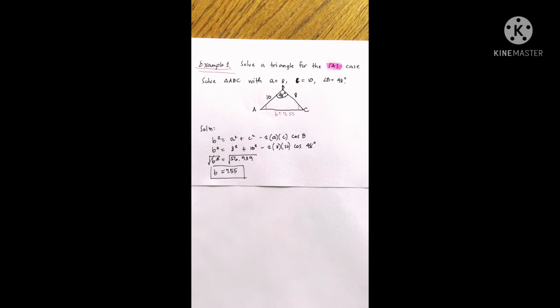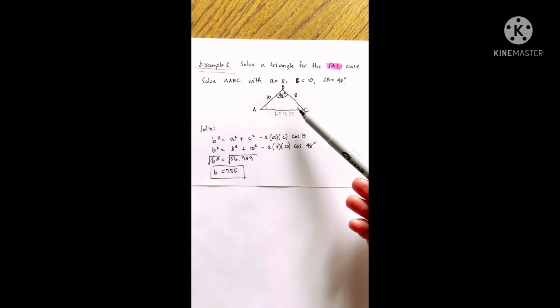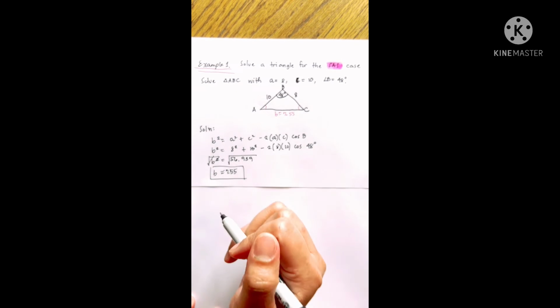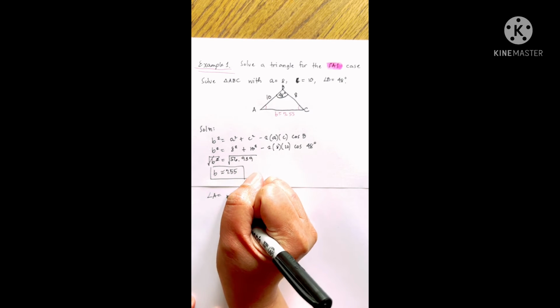So to completely solve the triangle, we're gonna find A and C. If you know all three sides of the triangle and one angle, you can use the law of cosines or the law of sines to solve for the two angles. So let's use the law of sines this time. Let's find angle A first.